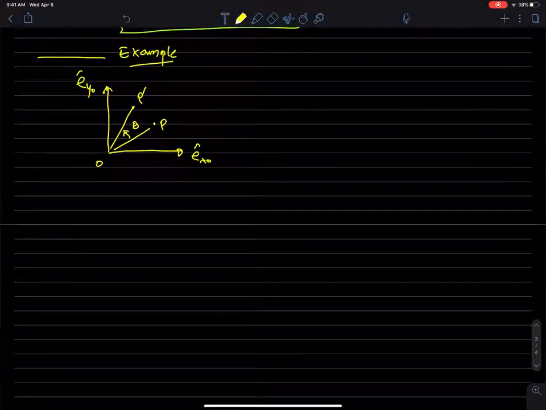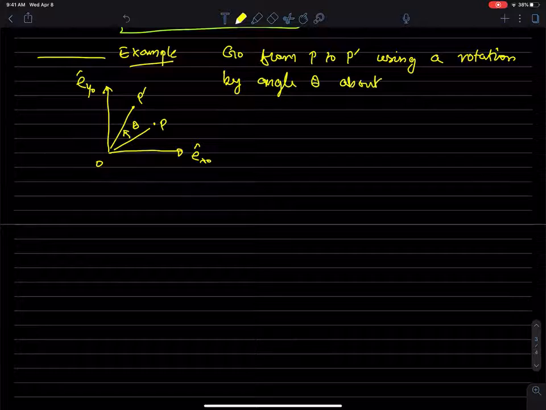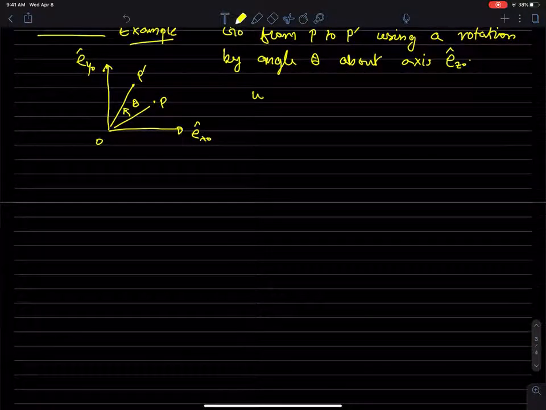Go from P to P dash using a rotation by angle theta about axis EZ naught. Now what is Q P to P dash, or this rotation? What is this rotation?